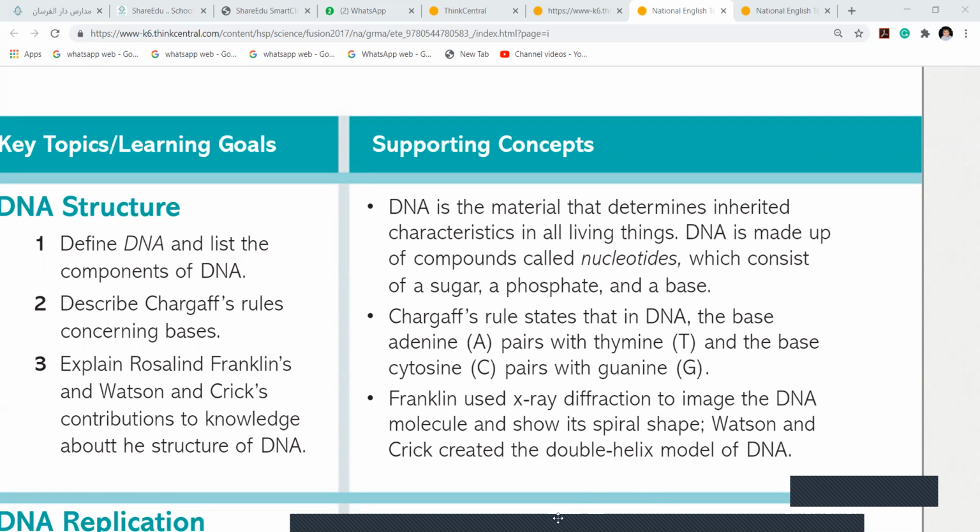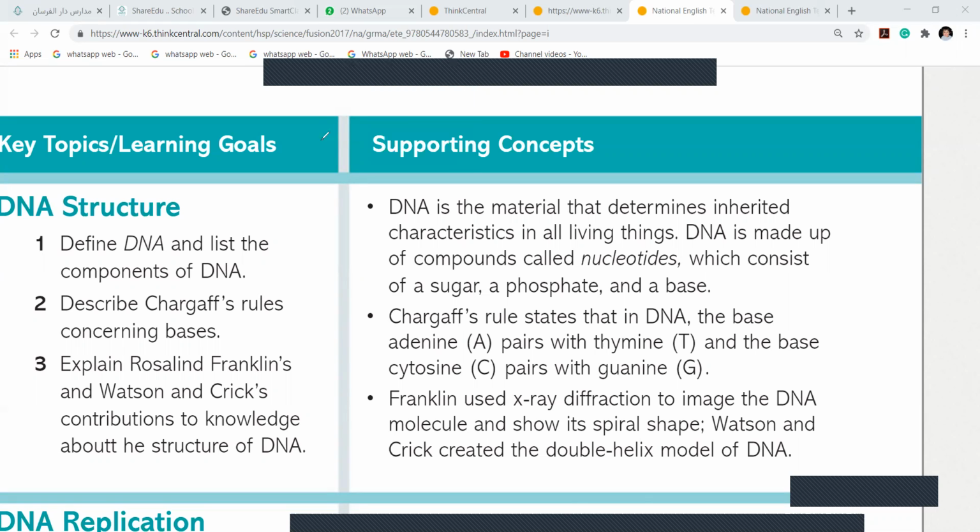Remember it this way: DNA is made up of nucleotides. Now, what does this nucleotide contain? It consists of sugar, a phosphate, and a base.